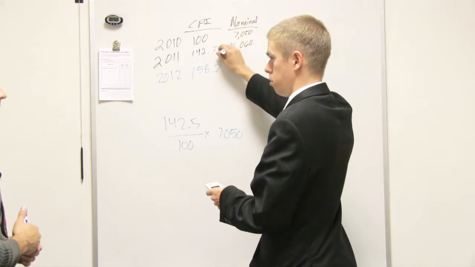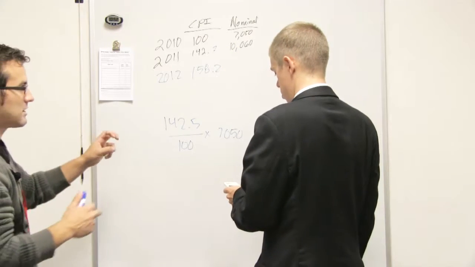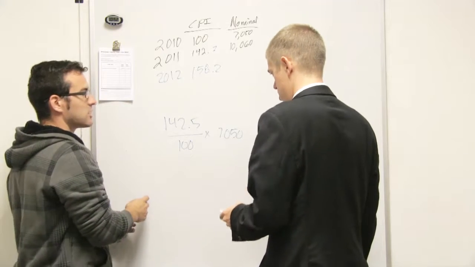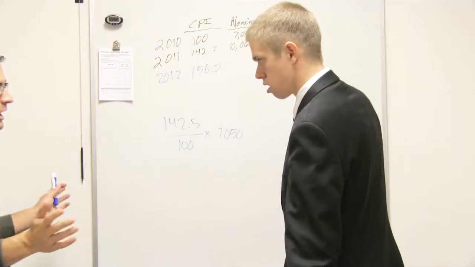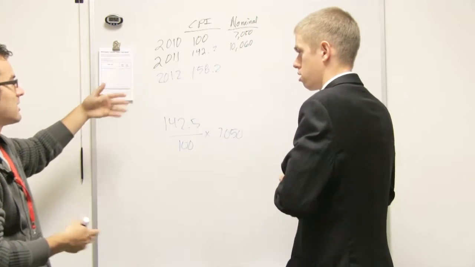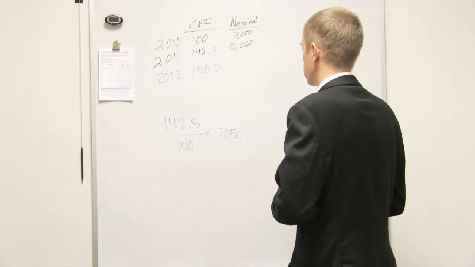Inflation rate between those two. Yeah, inflation rate is a percentage increase. It's the exact same thing, right? That's the equation to find percentage increase in any mathematics, in any problem. In this context, that is the inflation rate. So that's why you use that formula.